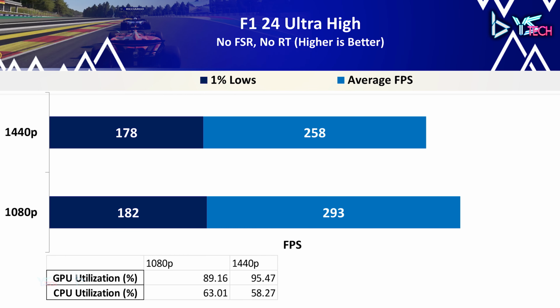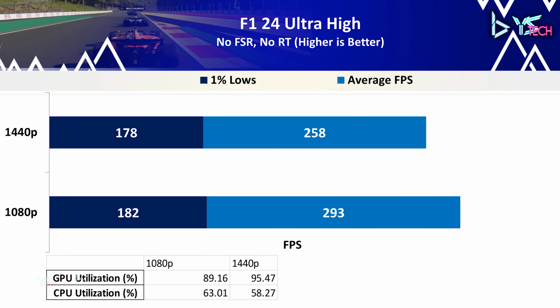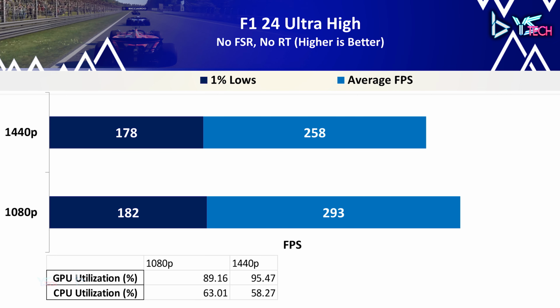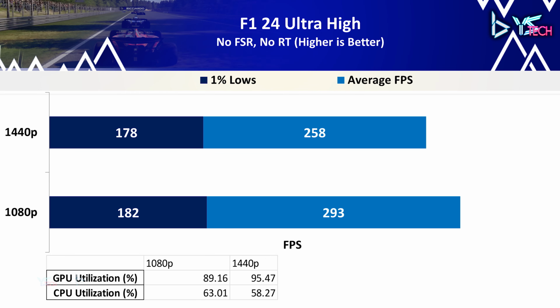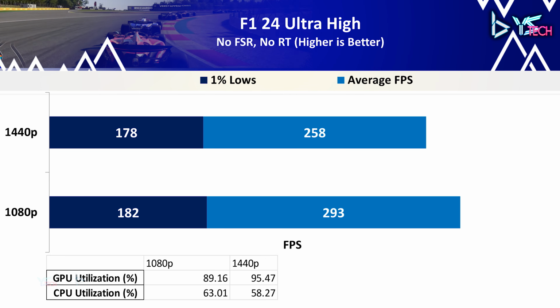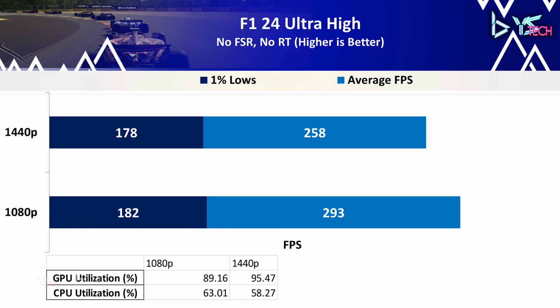We can also see that the CPU utilization rate did go down slightly from 1080p to 1440p from 63% to 58%, but the GPU utilization rate, of course, went up from 89% to 95%. Really good result, and we can clearly do some high refresh games.